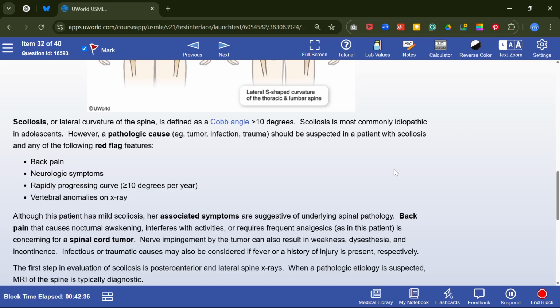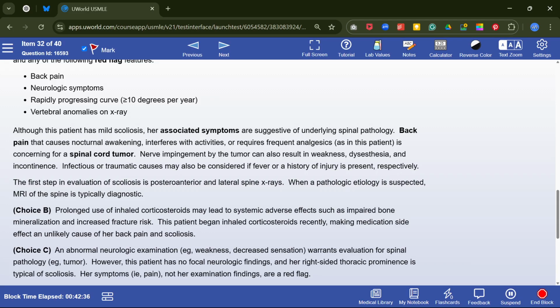Concerning for spinal cord tumor, nerve impingement by the tumor can also result in weakness, dysesthesia, and incontinence. Infectious or traumatic cause may also be considered if the patient has fever or a history of injury, respectively.